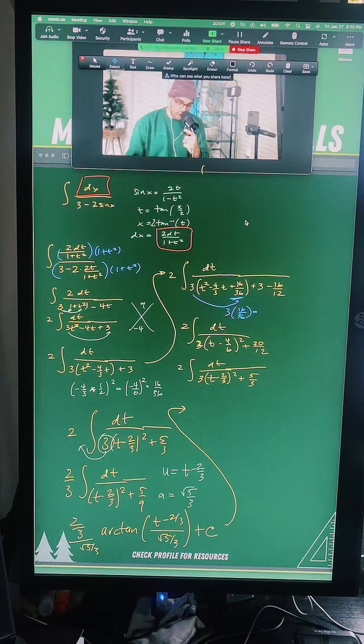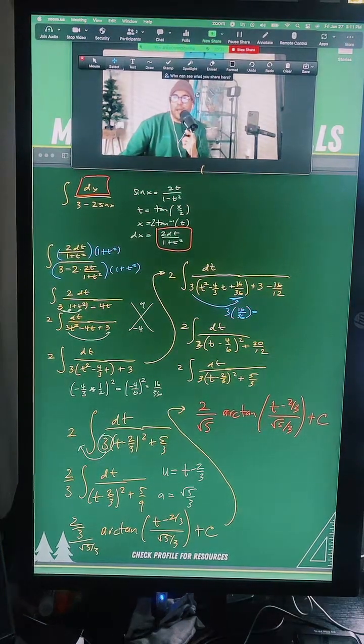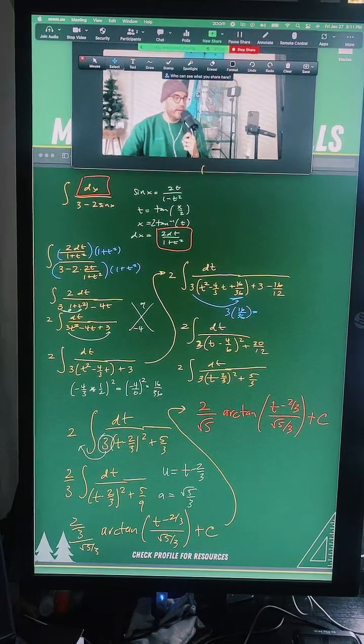I'll write it in red. So this is going to be 2 over root 5 arctan of t minus 2/3 over root 5 over 3 plus c. And we can go even further if anything. Don't forget our t value was tan of x over 2. So we just plug that in for the t and then we're done.